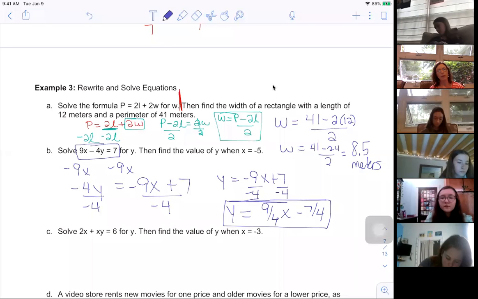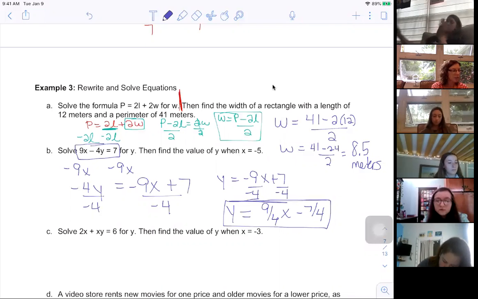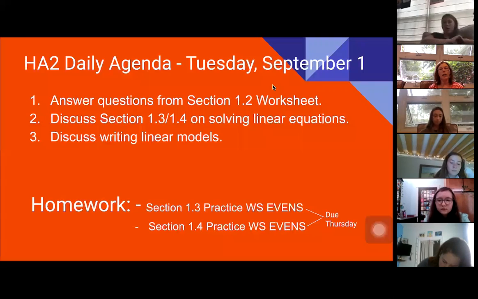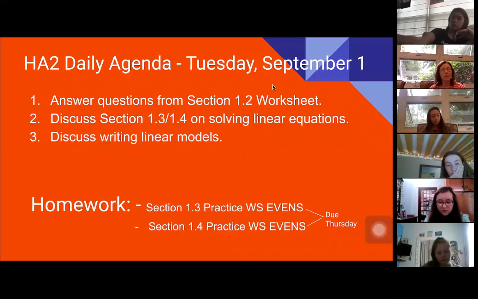So we're going to stop there for today. Tomorrow we'll go through a couple more problems trying to rewrite variables. Again, the homework assignment is not due until Thursday. It's practice 1-3 and 1-4. They're both posted in the same assignment. Just do the evens. I think some of you did all of the problems from last night's homework, which is okay.